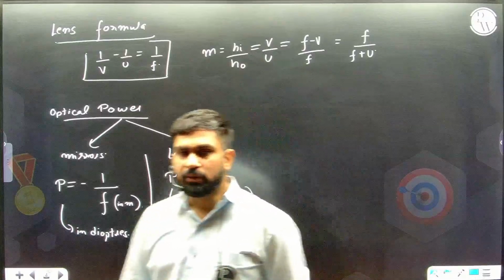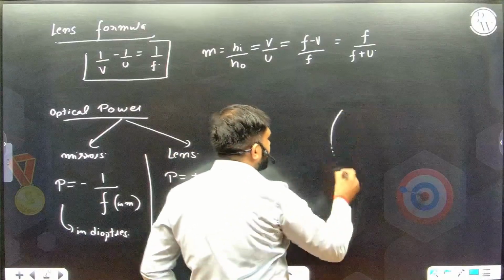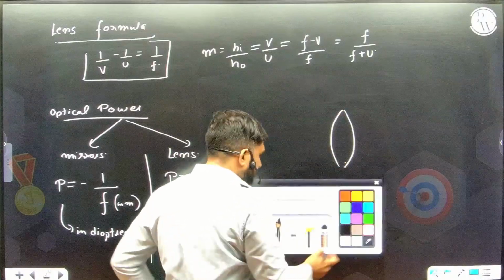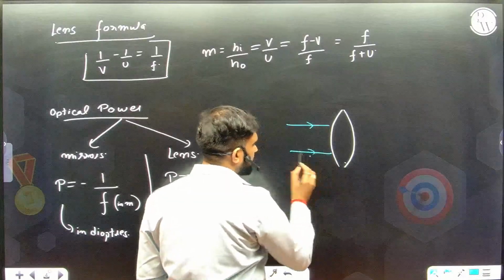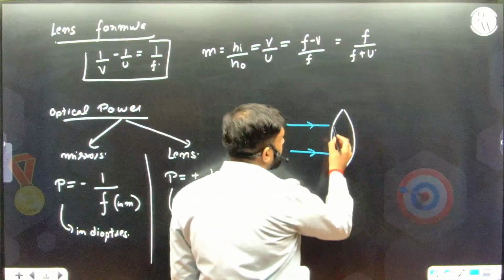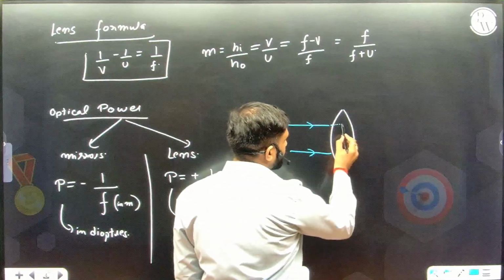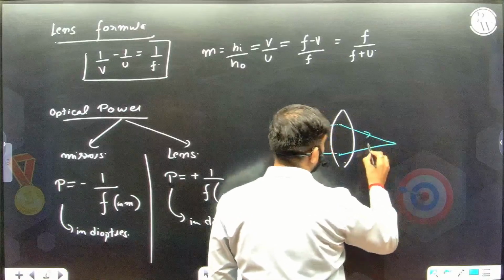Why converging power? In simple words, suppose there is a lens and incident ray is falling onto it parallel to the principal axis, which is basically coming from very, very far away points. Now, you know that it's going to converge to the focus of this device, correct or not?